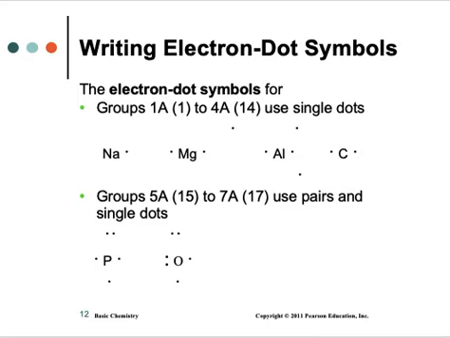There would be 3. I think I've got my dots wrong right there. There would be 3 around aluminum, and the last 2 dots that you see above aluminum actually go above carbon. Carbon's in group 4. There would be 4 dots around it. Phosphorus would have 5. Oxygen would have 6. Why? Because they are in group 5 and 6. That's the way it works.